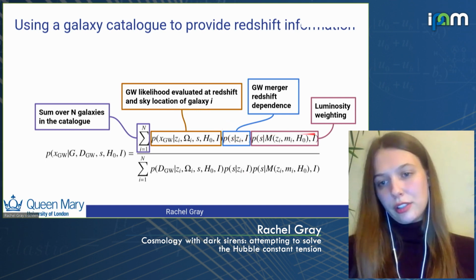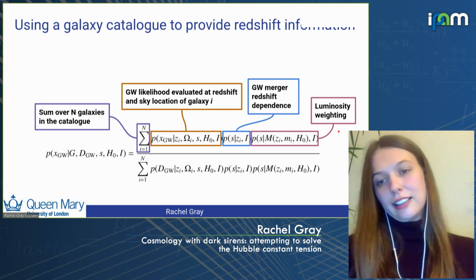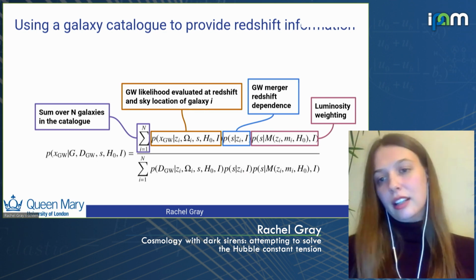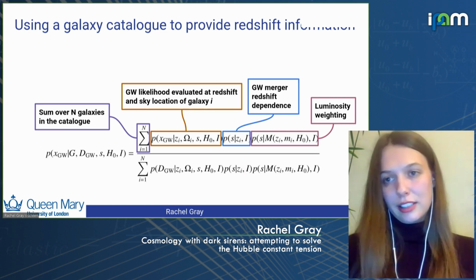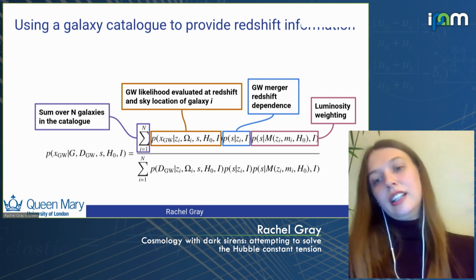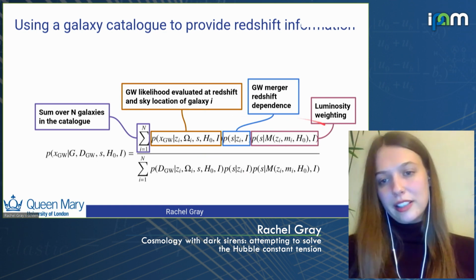And then there's also this final term, which refers to luminosity weighting, i.e. the probability that a galaxy that is perhaps more luminous might be more likely to hold a gravitational wave event. More luminous things tend to be more massive, and so it's a fairly logical step to say that perhaps they're more likely to host a gravitational wave binary that would then merge. And so if you want to include weighting of that kind, it can be incorporated in this way.